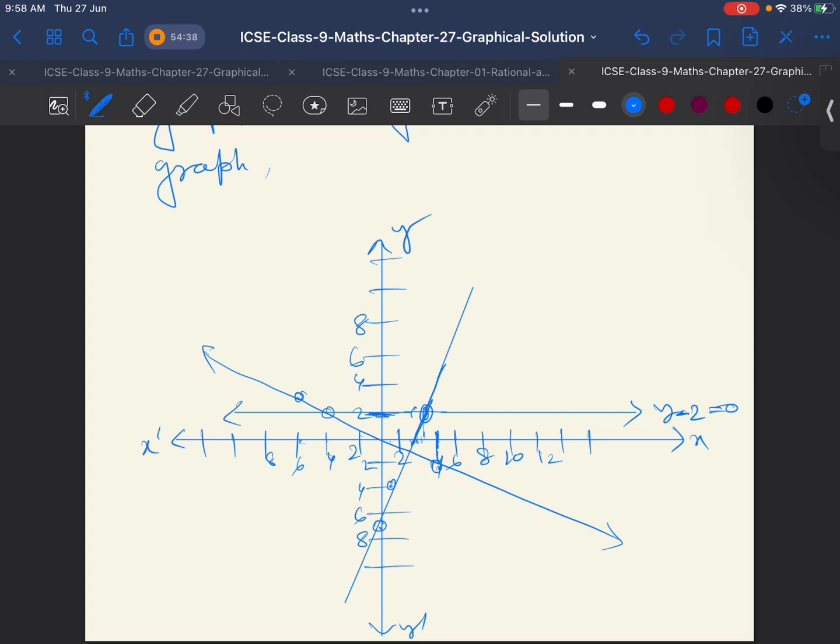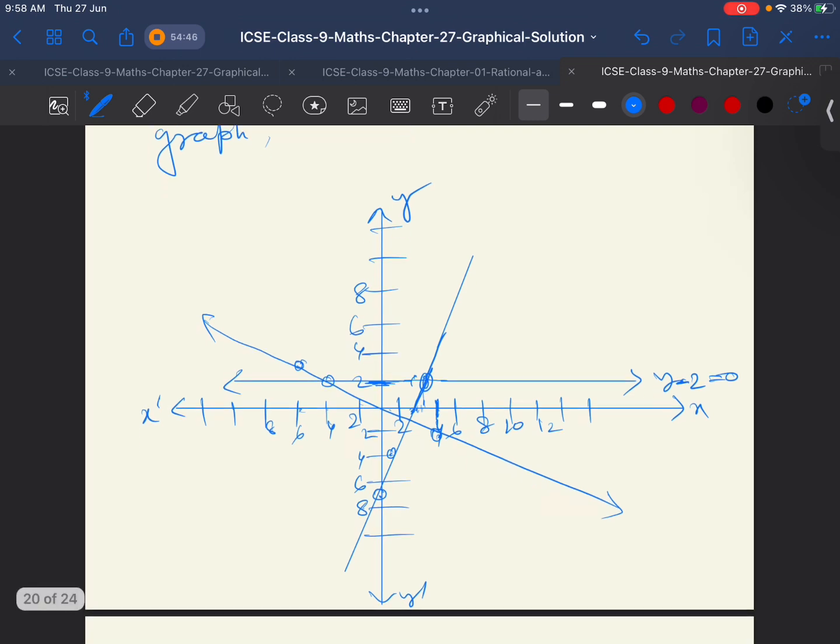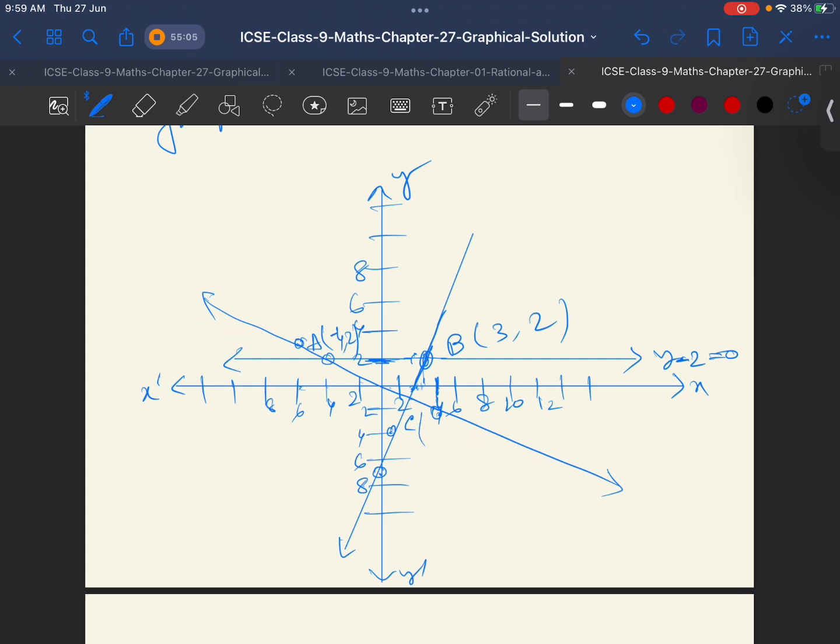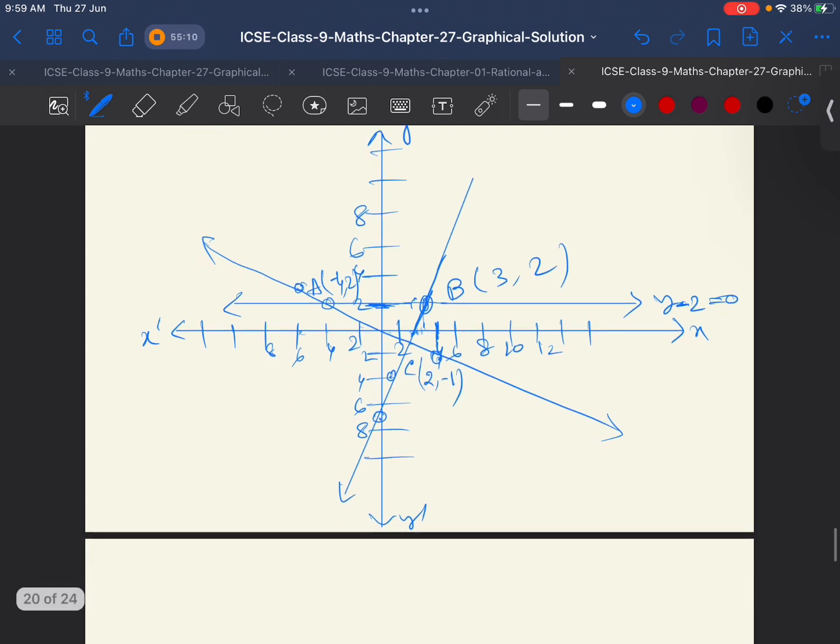Okay, so the first question, the coordinates of the vertices of the triangle. Look at this point A, minus 4, 2. B point is here, 3, 2, and C point, the point of intersection of lines 2 and 3, is 2, minus 1.